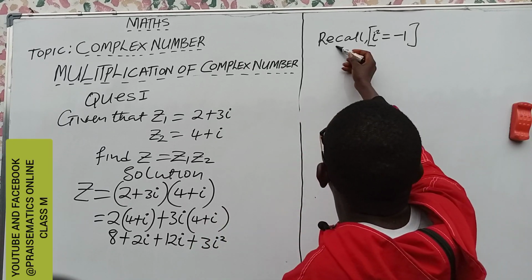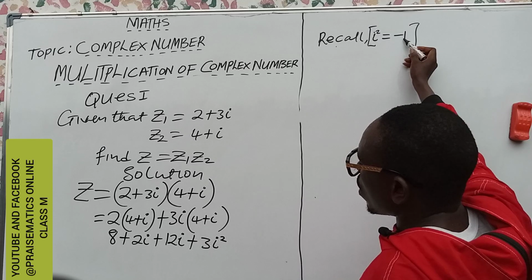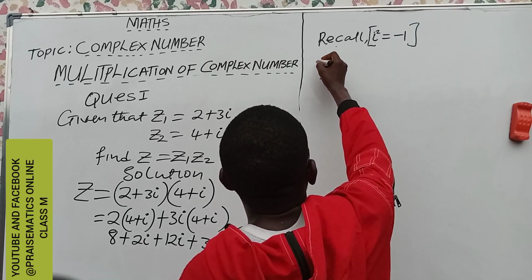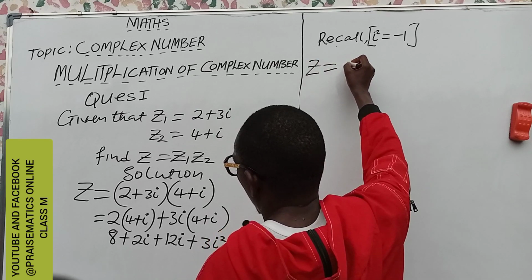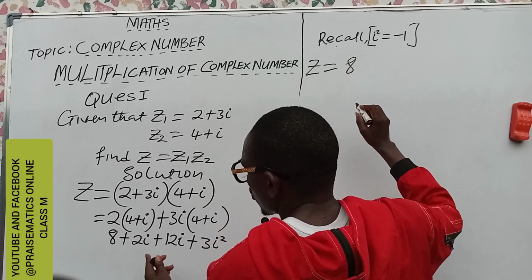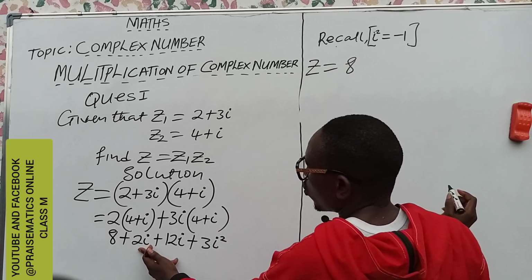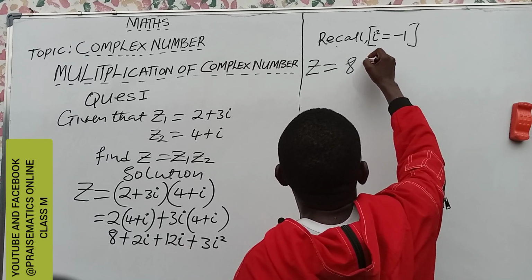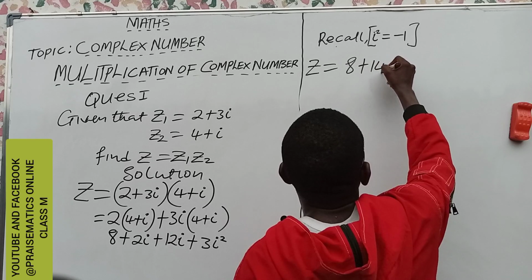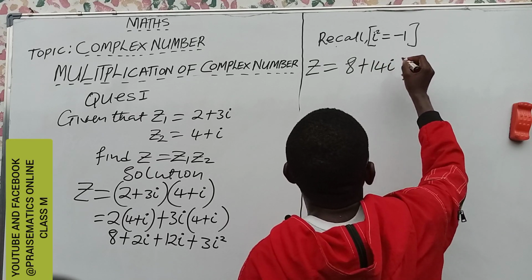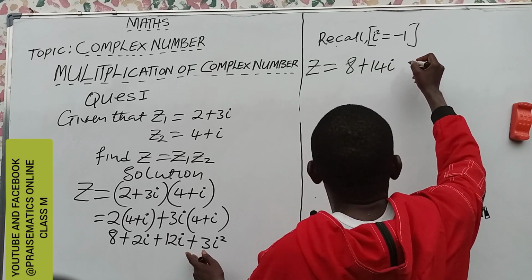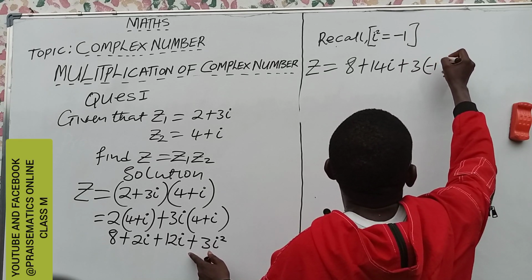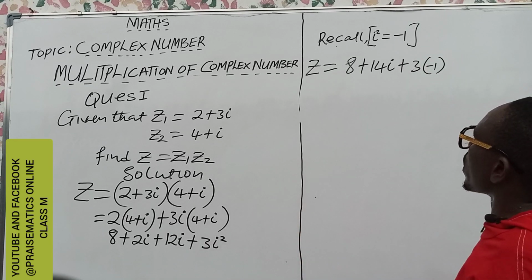Always recall that i squared is equal to minus 1. So we substitute it here. So what do we have here? That z is equal to 8, 2i plus 12i will give us 14i, plus 3 times minus 1, which is i squared.